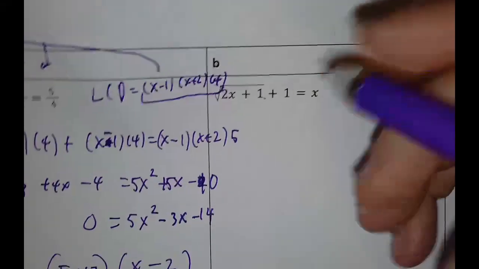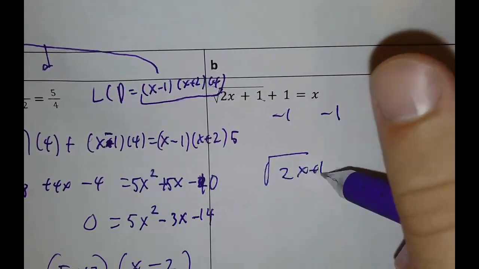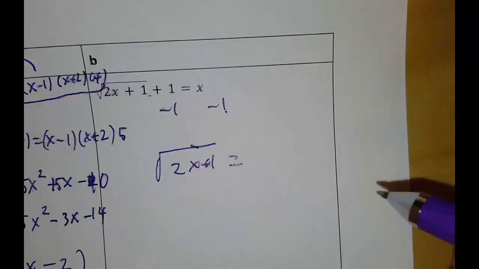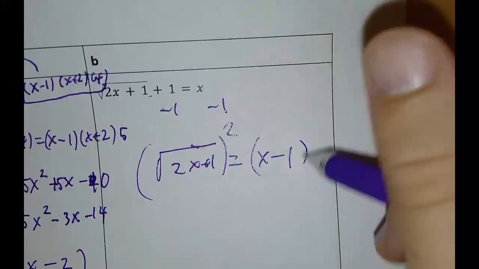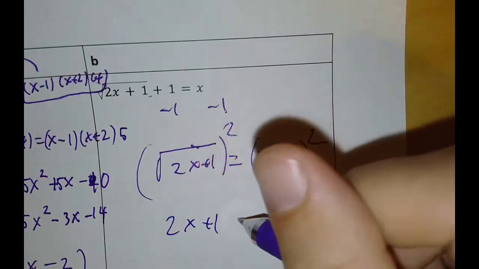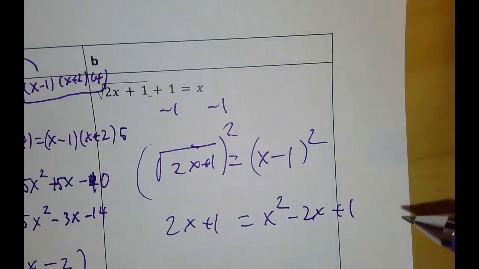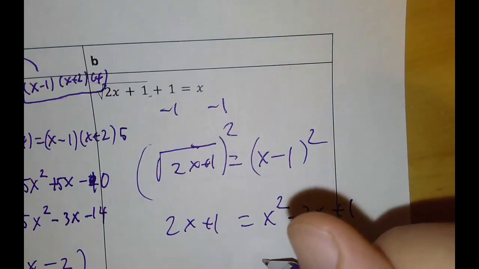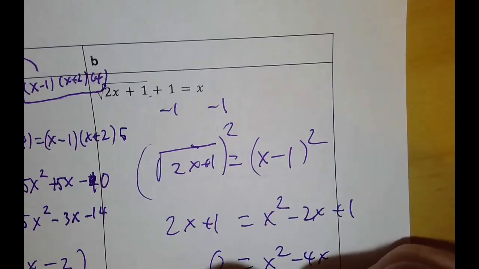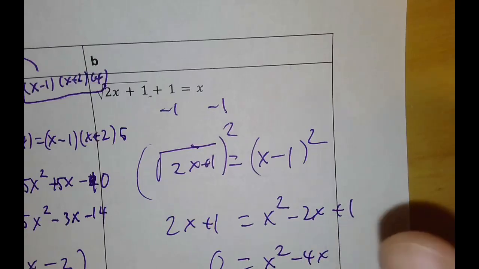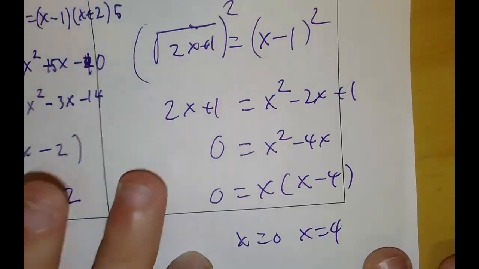B: minus 1 root 2x plus 1 equals x minus 1, square both sides, 2x plus 1 equals x squared minus 2x plus 1. x squared minus 4x equals 0. 0 equals x, x minus 4. x equals 0, x equals 4 are the solutions.